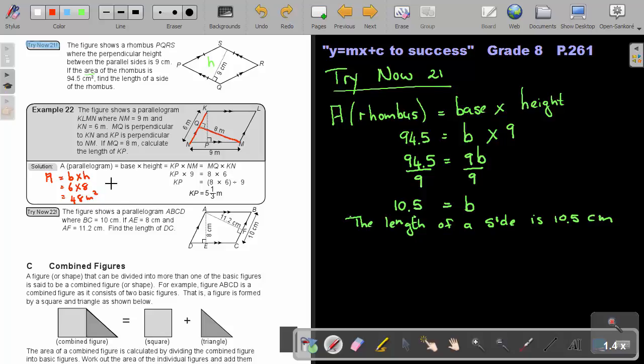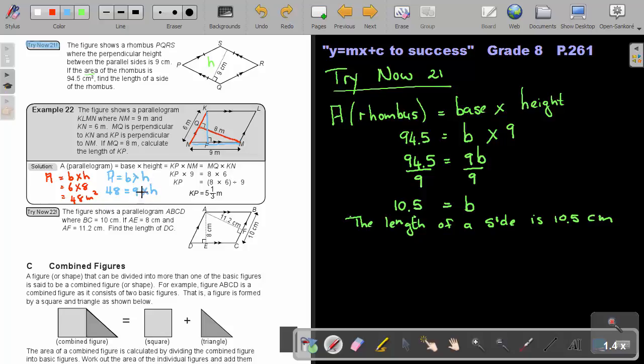And now you redo it again, but now you're going to focus on this other one. So you have again a base and you're looking for that height. You do exactly the same. You say area is base times height, and the area will be 48. And the base will be 9 and you are looking for the height.